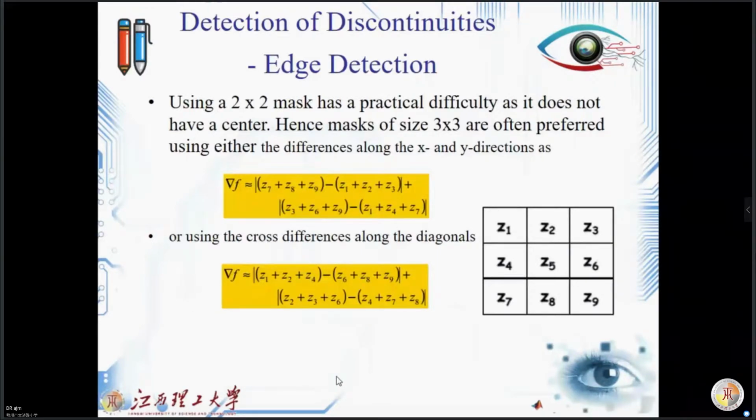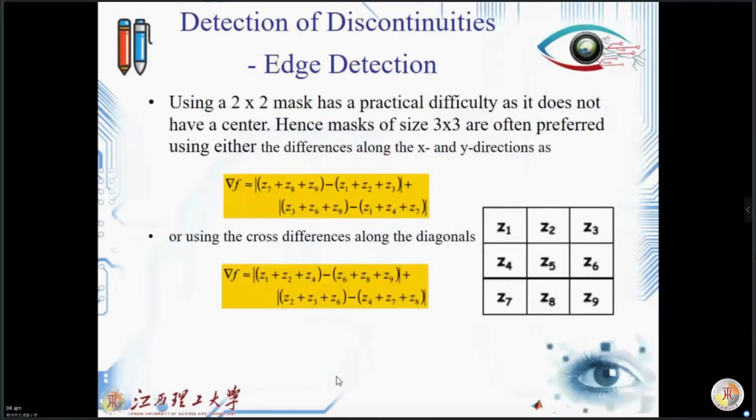But if I change my dimension to 3 by 3, I can have an element like Z5 as the center, as shown in the matrix here. Then, when it sweeps across my image like the convolution job, you will see that it can be calculated better.